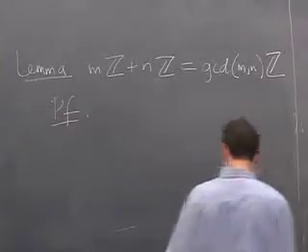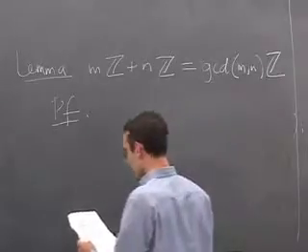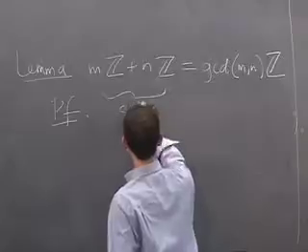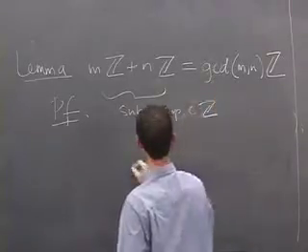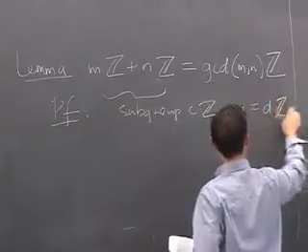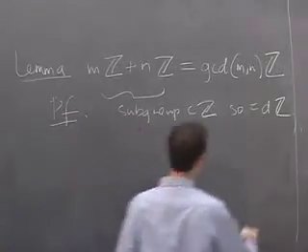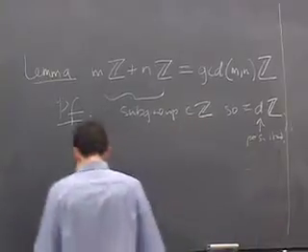Proof. Well, this is a fairly easy verification, but I'll just go through it very quickly. So as I said, this thing is a subgroup of Z. So it looks like something, so it equals dZ for some d, and we can assume d is a positive integer.